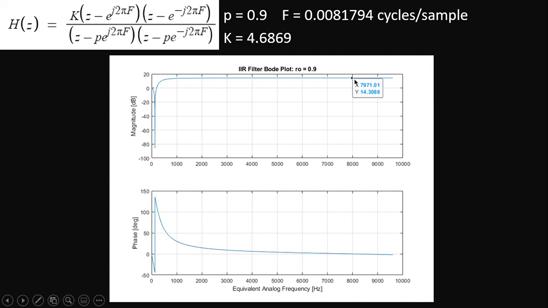So you can see at around 8 kilohertz, which is an arbitrarily chosen value just to point out the amount of amplification that's going on here at these frequencies, it's about 14 decibels of amplification in this range. So that's still not quite ideal.